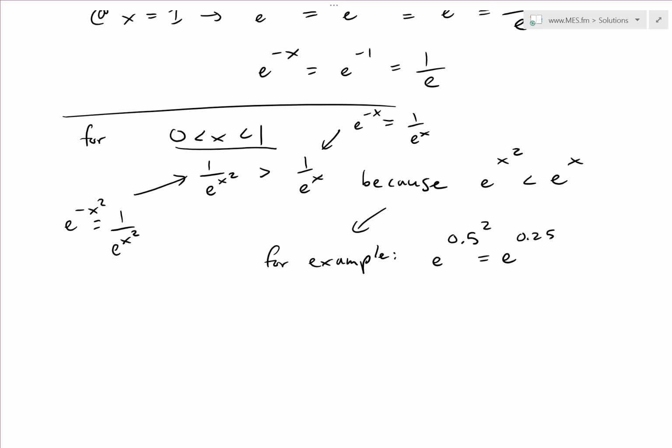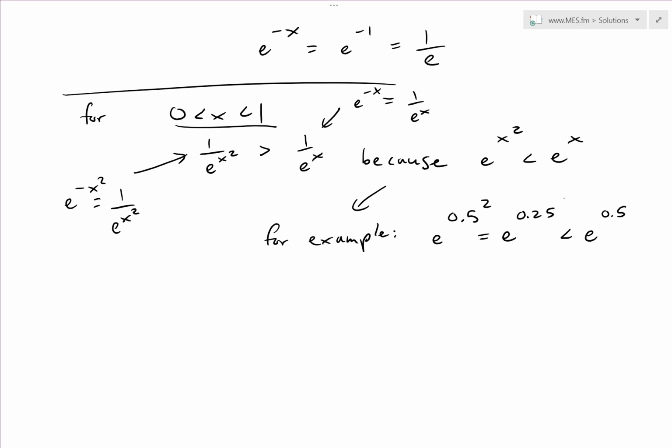And this 0.25 is obviously going to be less than 0.5, so e to the 0.25 is clearly less than e to the 0.5, because you're raising it to a smaller power. Then when you flip it, 1 divided by e to the x squared, you're dividing by a smaller number, so you get something bigger than this other one right here.